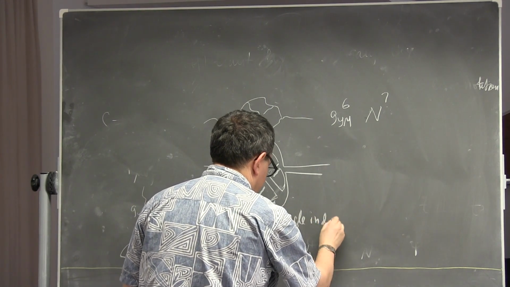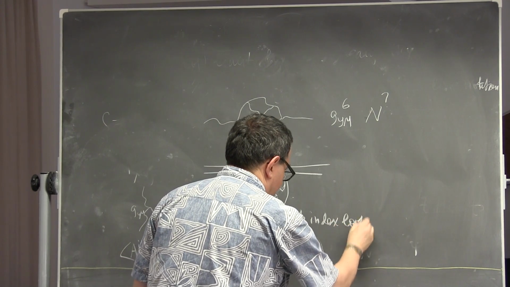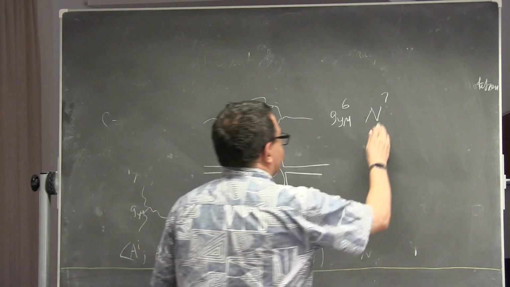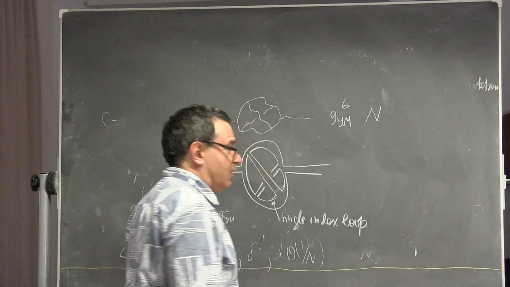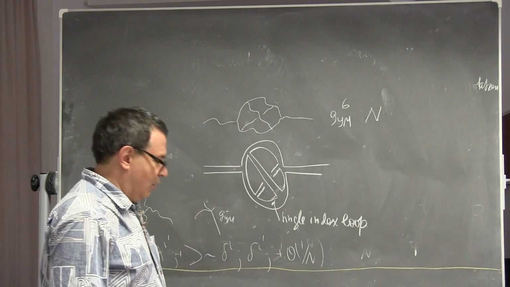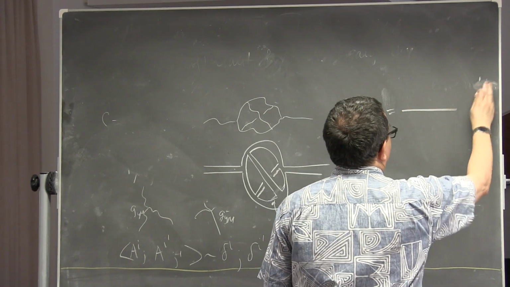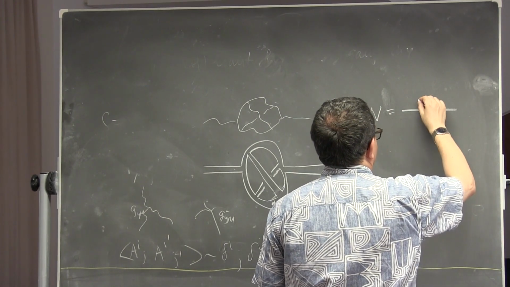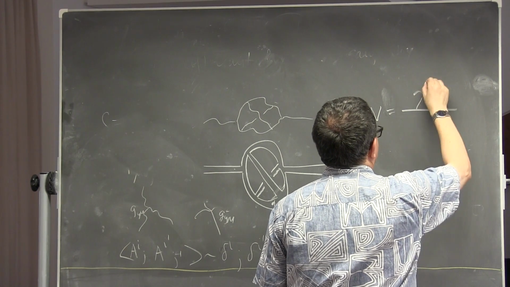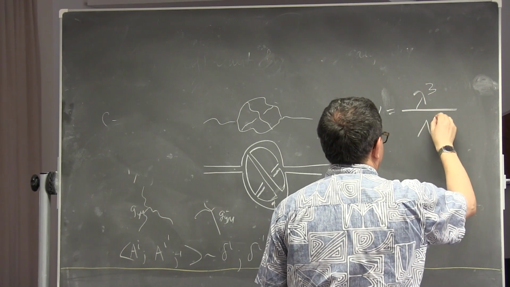And therefore, this just gives me a power of N here, right? And this is nothing but lambda cubed divided by N squared.